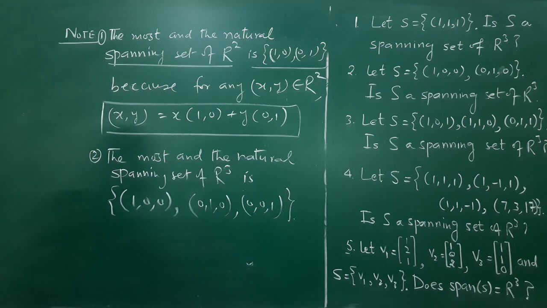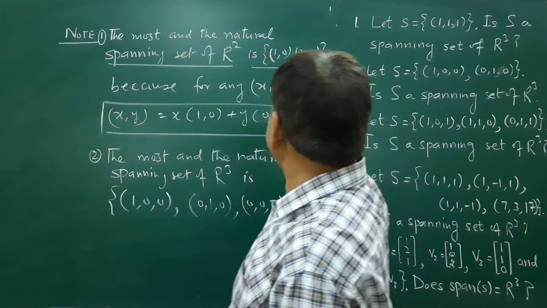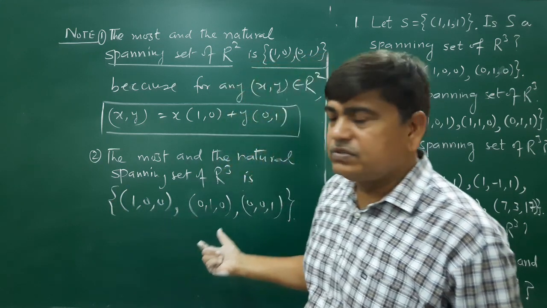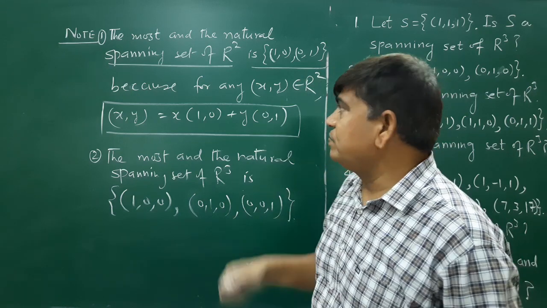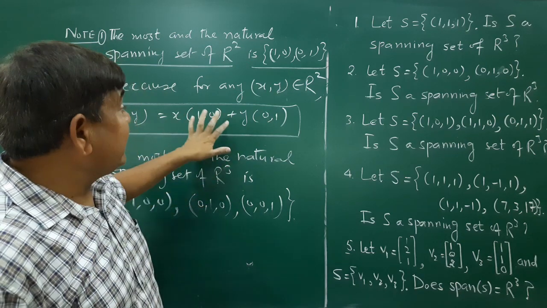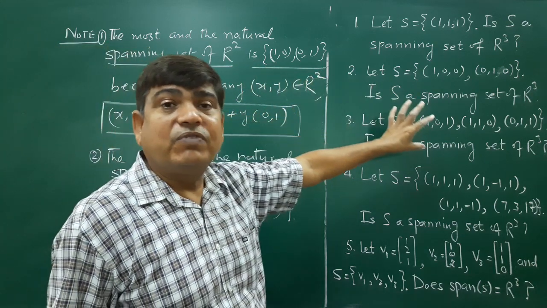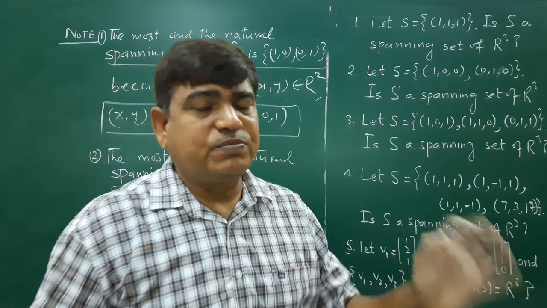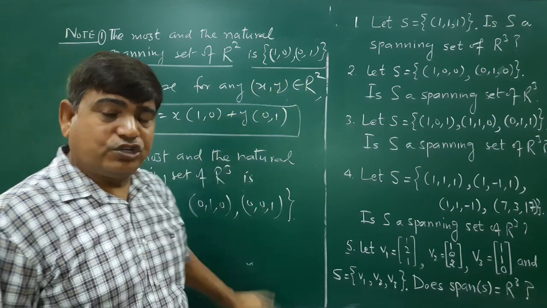The reason is that any member x, y, z belongs to R cubed is written like this: x times (1, 0, 0) plus y times (0, 1, 0) plus z times (0, 0, 1). So this is a spanning set, but remember this is a natural one. It doesn't mean that we have only (1, 0) and (0, 1), or here (1, 0, 0), (0, 1, 0), (0, 0, 1) and so on. We may have other spanning sets also that generate R square as well as R cubed.